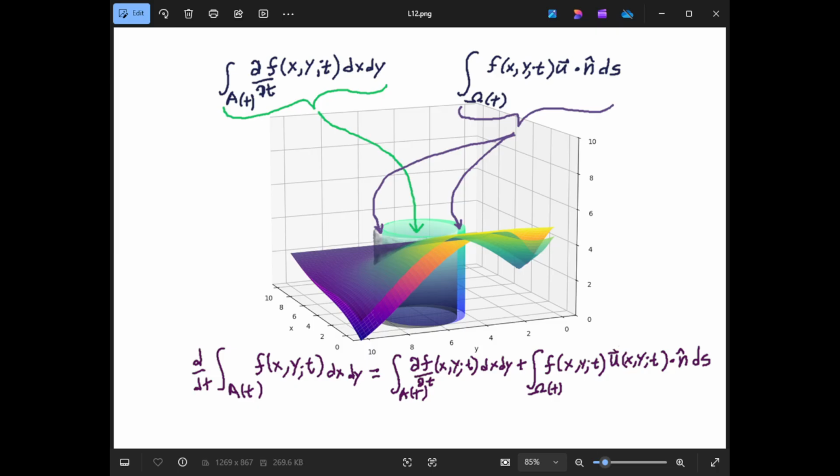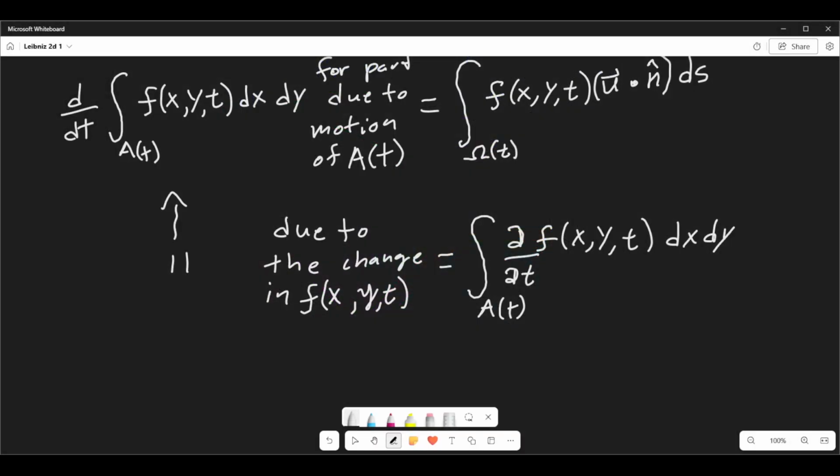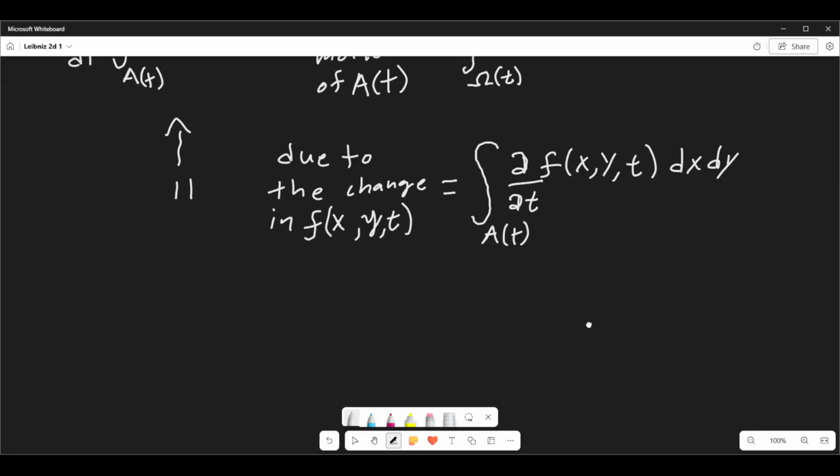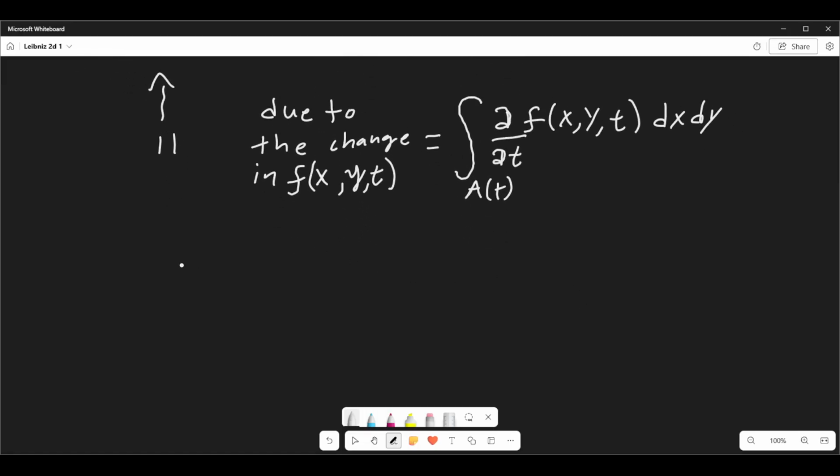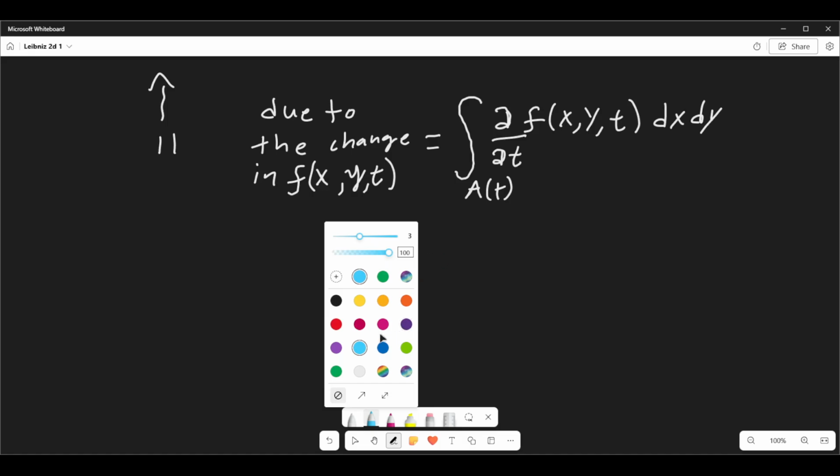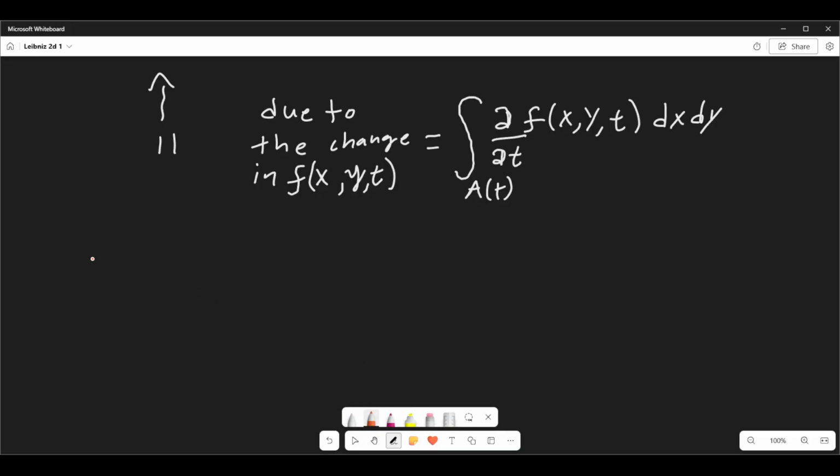So to put it all together, I'm going to put down the equation. So this is the entire equation.